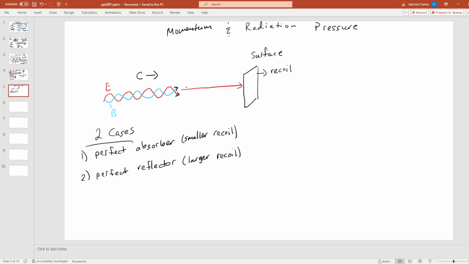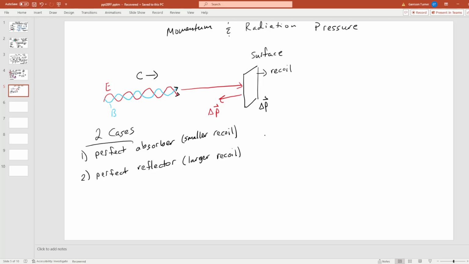Now, why is that? The idea is that for a perfect reflector, you get a beam coming back. And so you have a higher change in momentum for the beam, but conservation of momentum says if the beam has a higher change in momentum, there has to be a higher change in momentum for the reflector.